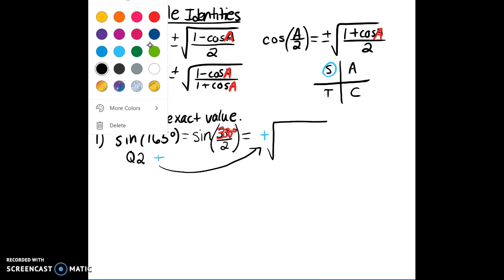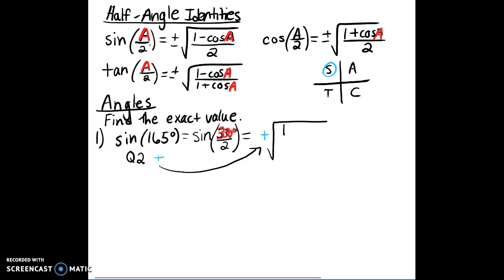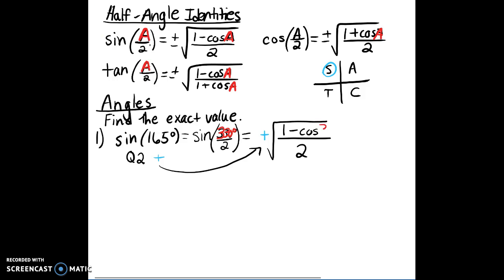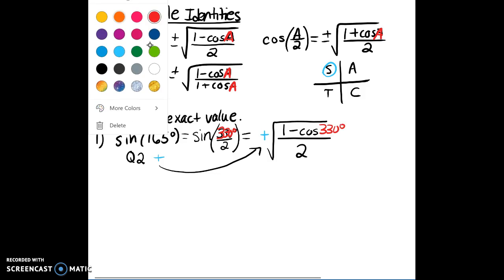So when I go to plug in, I'm going to do 1 minus cosine of 330, and then I'll evaluate that. So I had a second round where I need to worry about the quadrant. 330 is in quadrant 4.